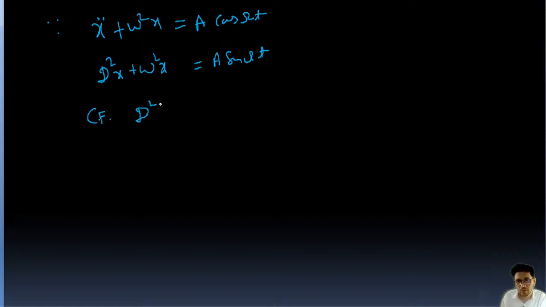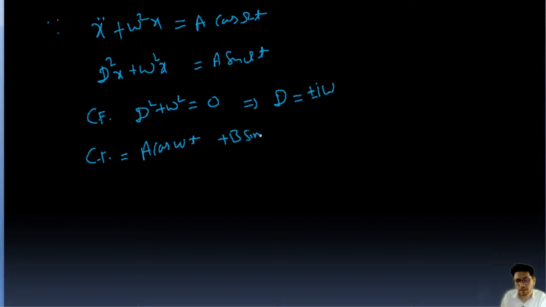That is going to be D square plus omega square equal to 0, which implies D equal to plus minus i omega. Okay, and so CF is going to be a cos omega t plus b sin omega t.